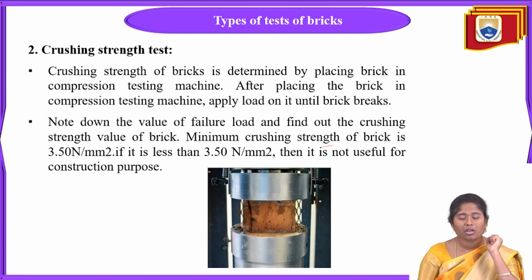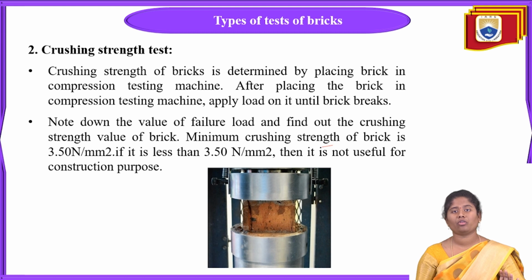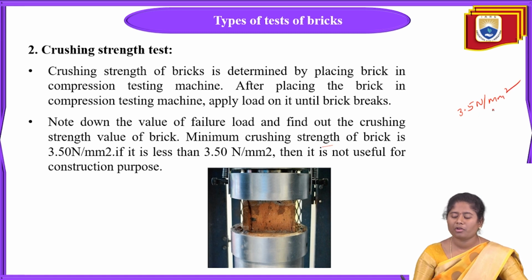If it is less than 3.5 Newton per mm square, it is not useful for construction purposes. Okay, the minimum crushing strength of the brick should normally be 3.5 Newton per mm square, and if it is less than that, it cannot be used for construction.